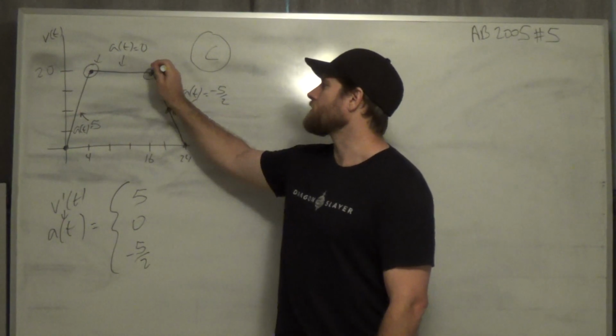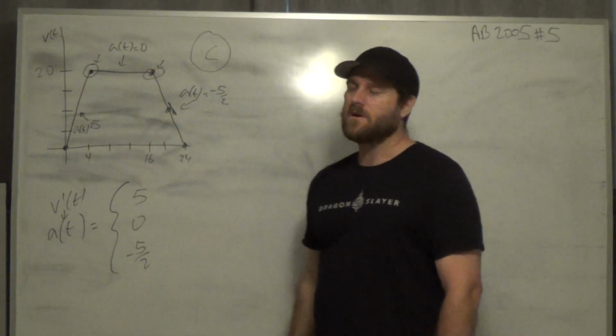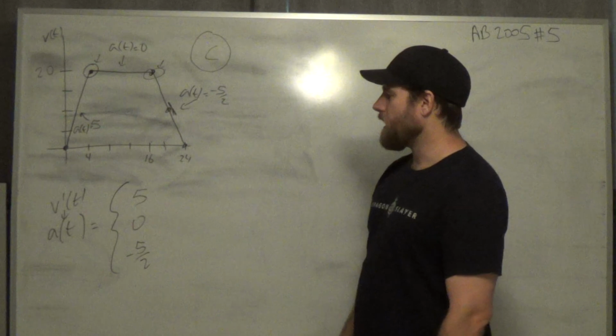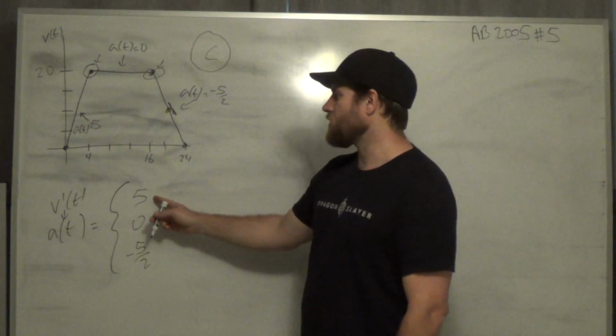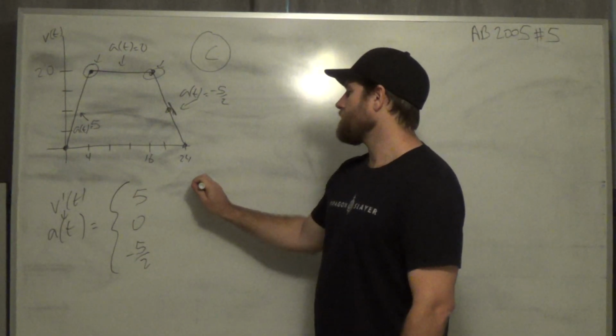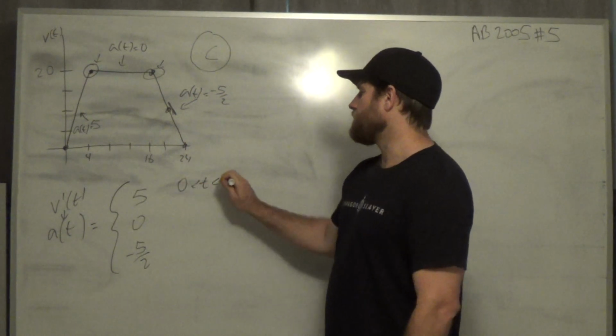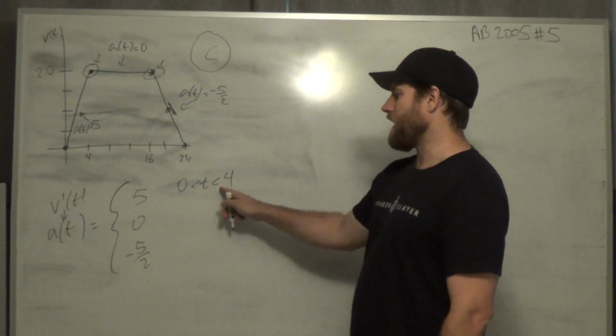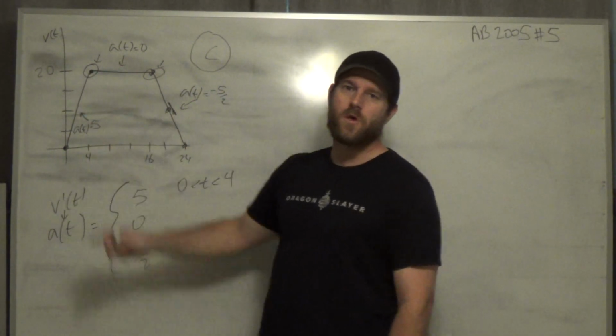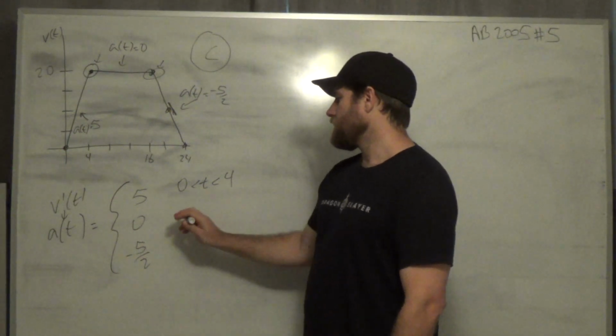Notice there's a sharp turn here and a sharp turn here. So when we're doing our slopes, we're going to say this was the slope when time was between 0 and 4. Notice there's not an equal sign at 4. At 4, there's no slope, and there's no acceleration. That can be defined.